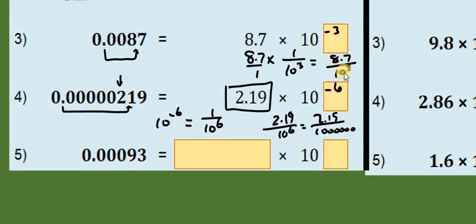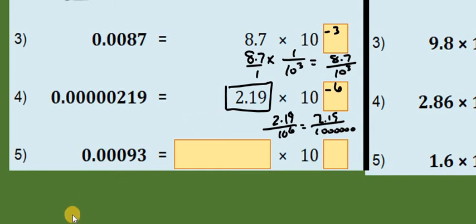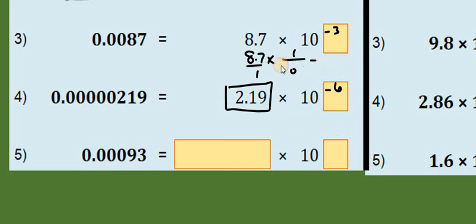When you divide 8.7 by 1,000, you'll get back this number here. That will provide a little bit more clarity than the other ways I've just showed you.